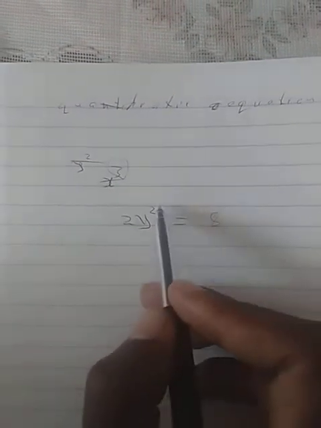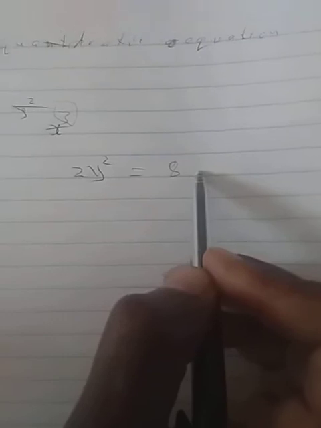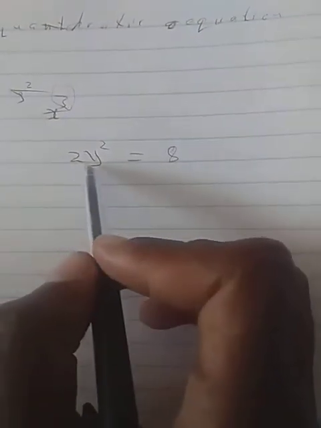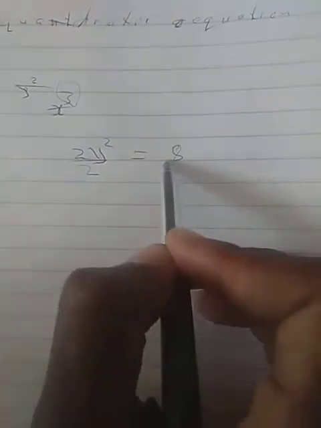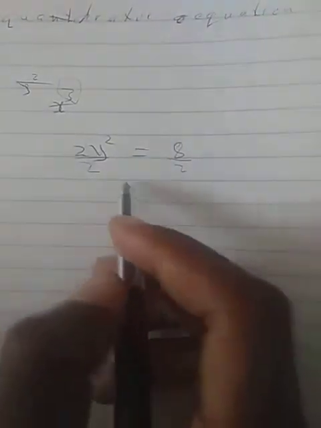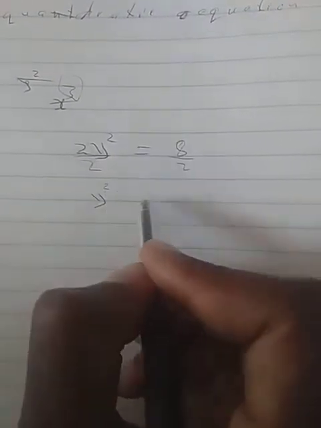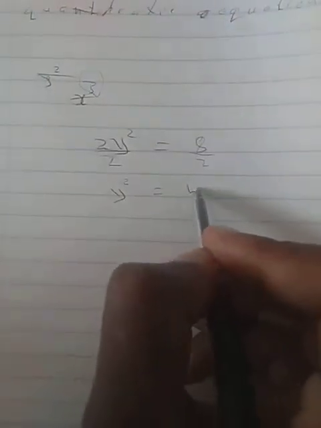More especially when you have one term on the one side and one term on the other side as well. So you divide by that coefficient. In this case, we have to first divide by 2. So we have y squared equals to 4.